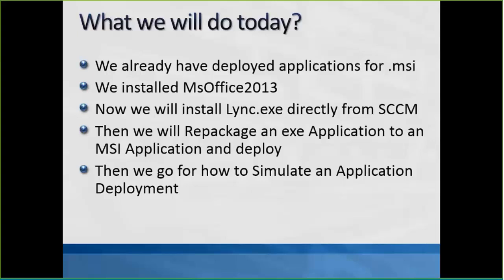All the forums of the SCCM gurus have given the example of link.exe. I don't know why, but maybe it explains the process: if you get an exe file to be deployed, that's how you go about it, and these are the areas you need to really check. So that will be a straightforward installation we're going to be doing.